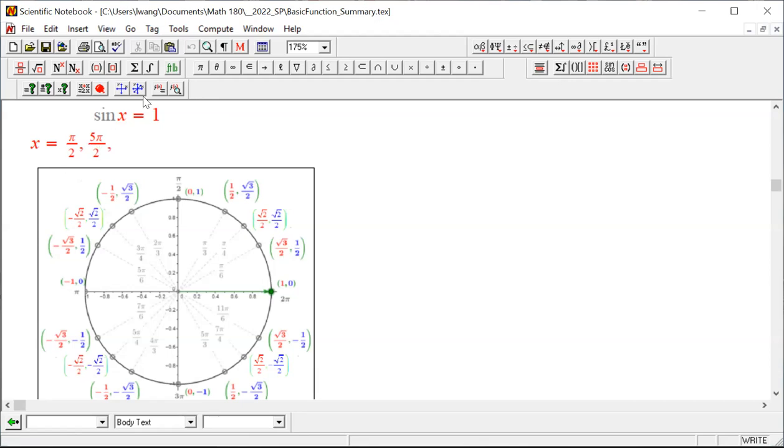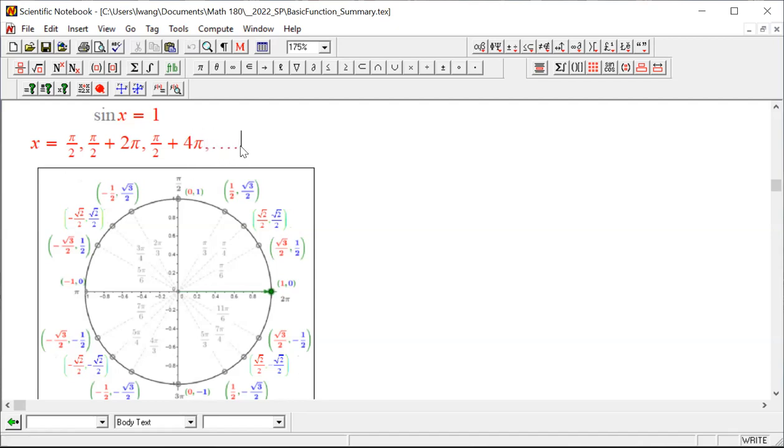What else? 5 pi over 2 is pi over 2 plus 2 pi. And if we add another 2 pi, plus 4 pi, we'll get another one that cannot be, that will make this happen. So multiples of 2 pi.